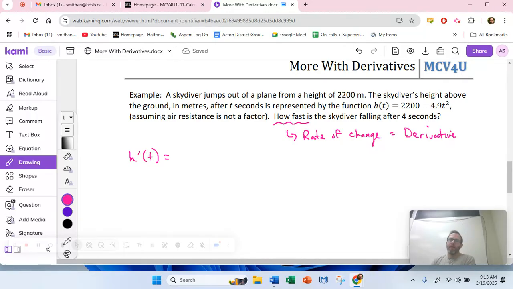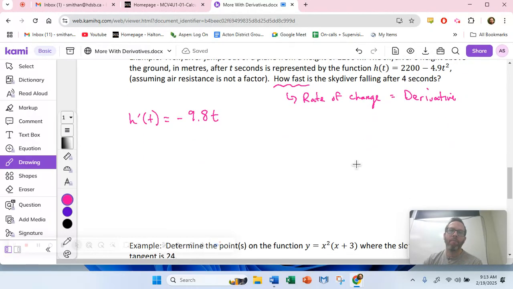So h prime of t, so the derivative of 2200 is 0, and the derivative of negative 4.9 t squared, bring down the 2, 2 times negative 4.9 is negative 9.8 times t. And that's our derivative. That gives you the speed of the skydiver at any given time. I guess technically it's the velocity for physics people, but right now we'll just worry about how fast they're going.